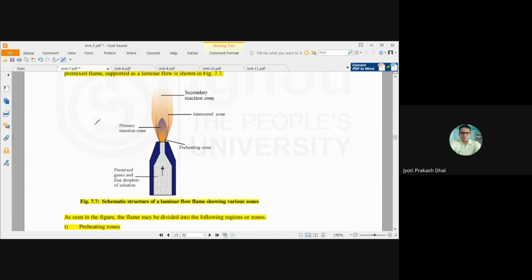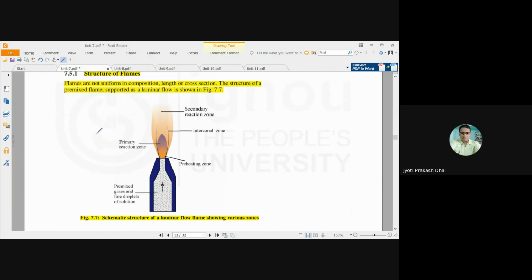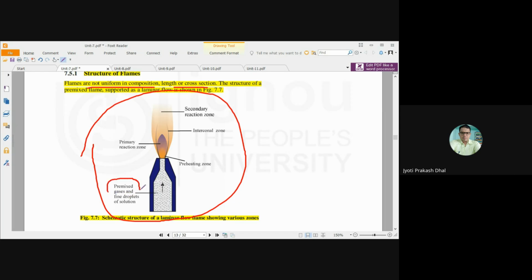Now we will discuss the structure of the flame. Flames are not uniform in composition, length or cross section. Here is given the structure of the premix flame. The premix gases and the fine droplets of the solution are introduced into the flame.